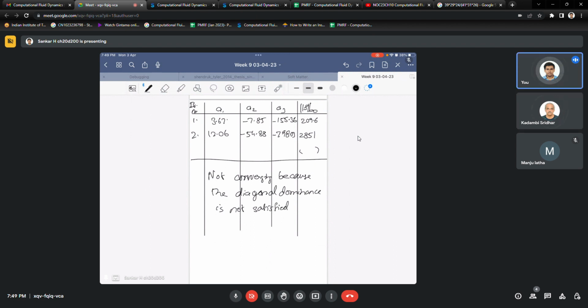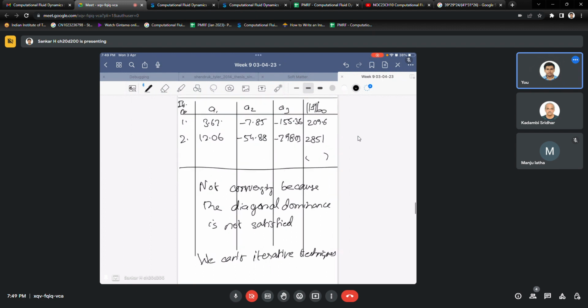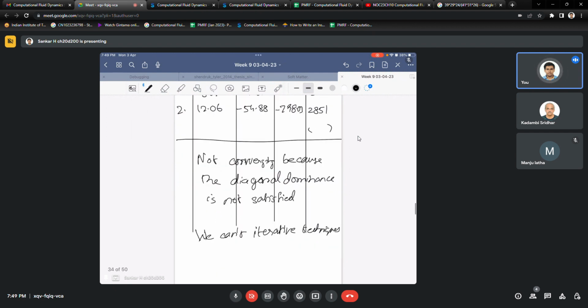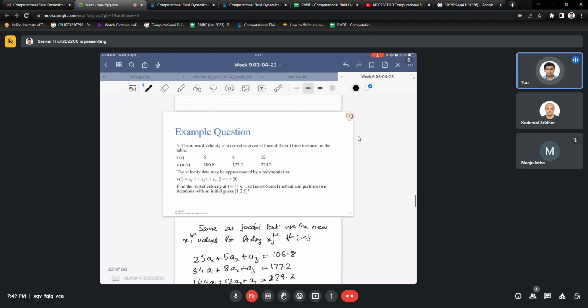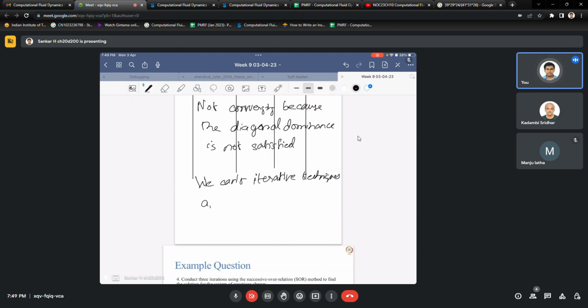So we can't use any iterative techniques over here, and we have to rely on solving it directly rather than the iterative way. So this is regarding how non-diagonally dominant matrices come across in the Gauss-Seidel method.